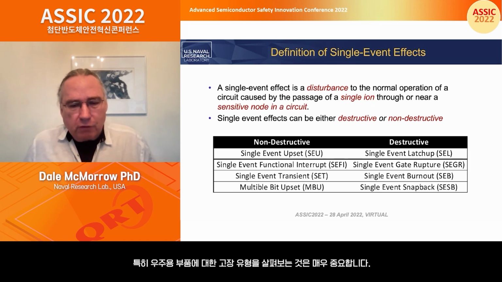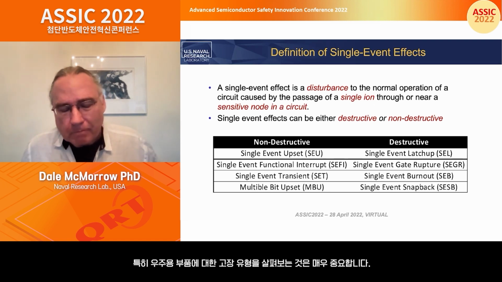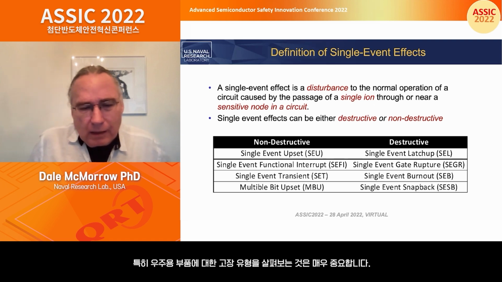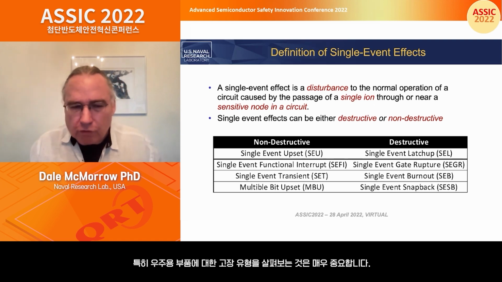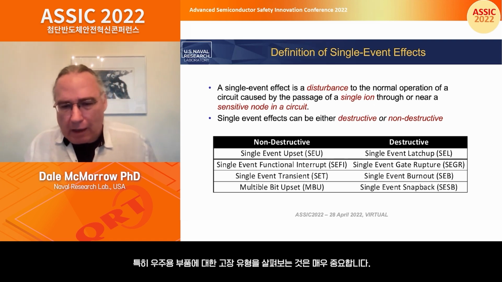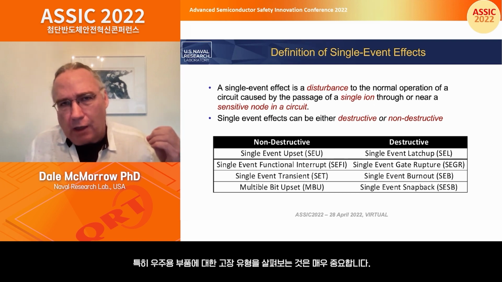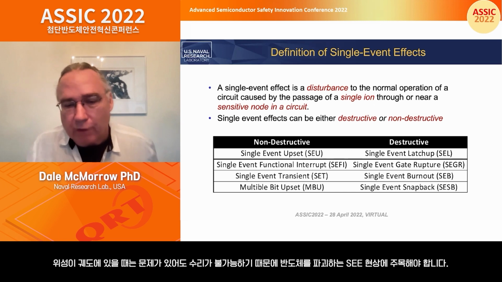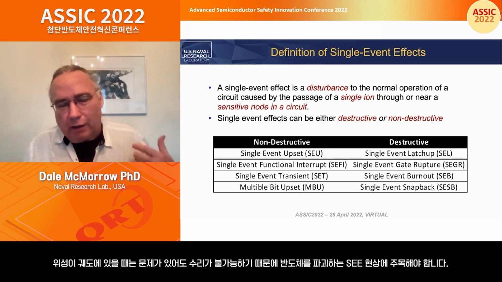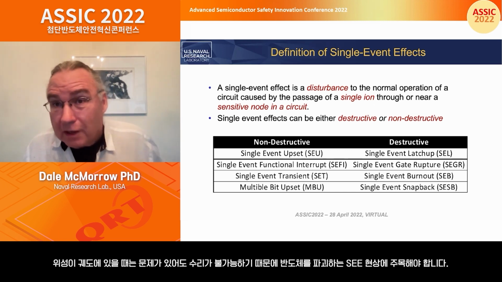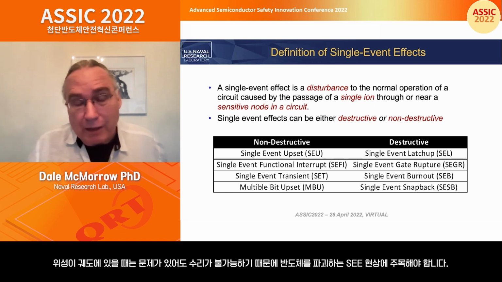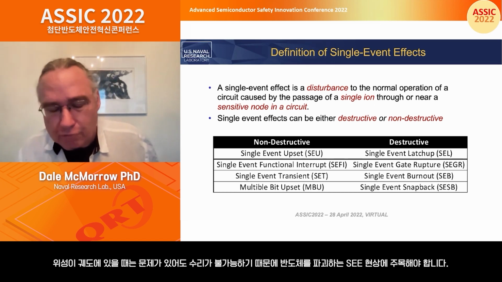But it's quite informative to look at the different types, especially for space applications. Destructive SEEs are incredibly important because when you have a satellite in orbit, you can't go in and repair something.